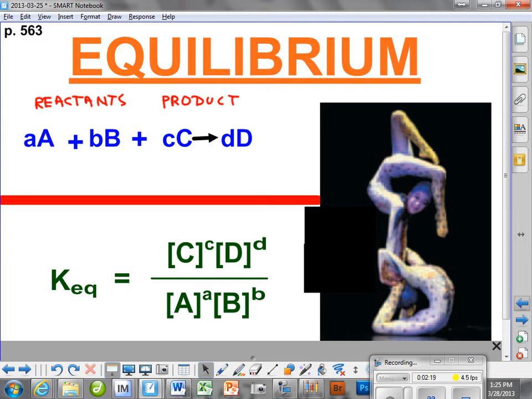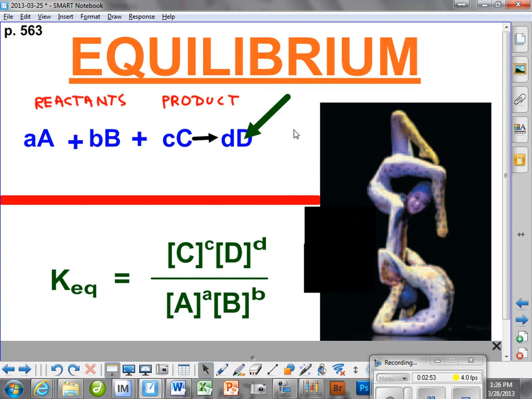What I'm trying to show here is A, B, C, and D just mean the first, second, third, and fourth thing as we go across the reaction. So here, because we have 1, 2, 3 reactants, we have A, B, and C all on the left side, and we only have D on the right side.